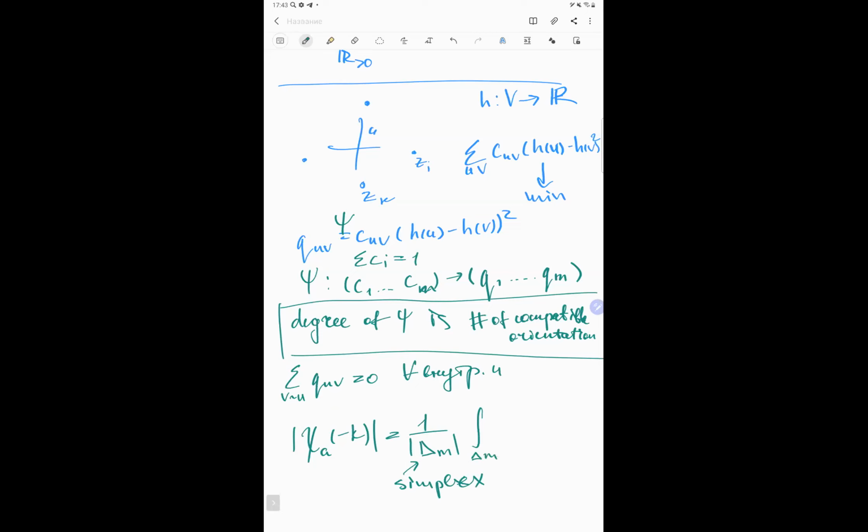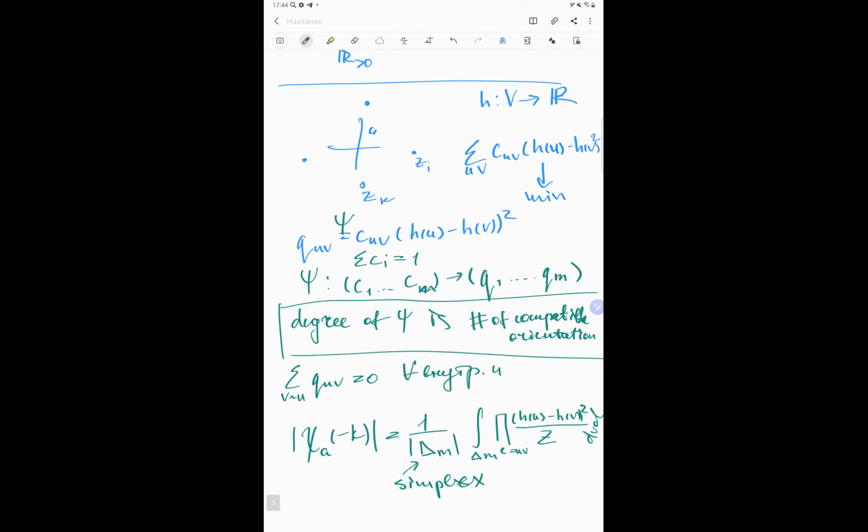Excuse me, are we in the course of determining this function h, right? Or have we already determined it? И мера у нас здесь Лебегова. Can you repeat your question, please? Have we determined this function h from V to real numbers, or are we in the course of determining it?